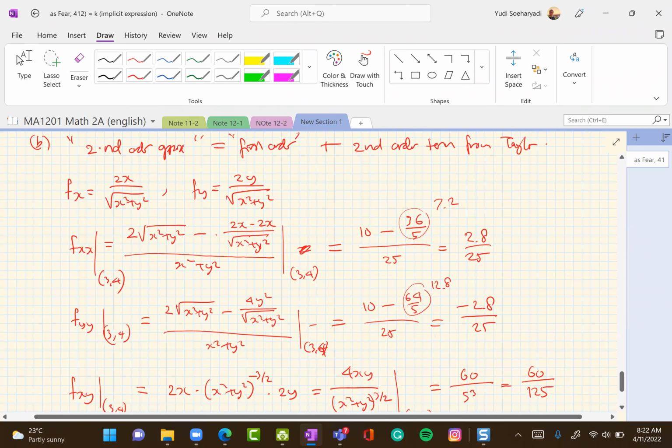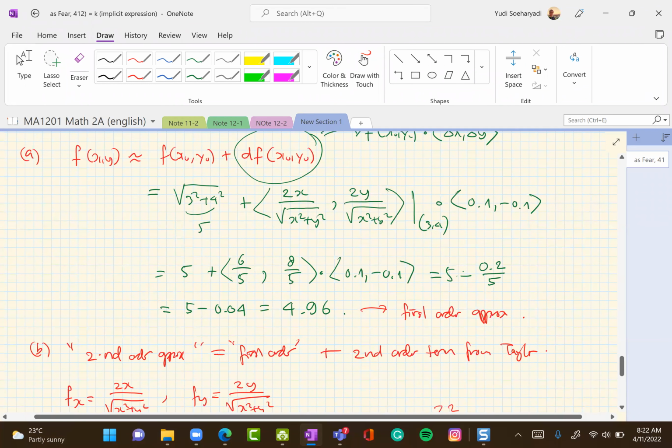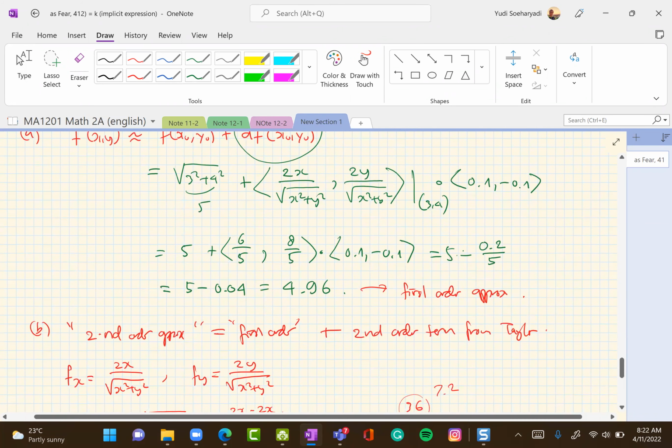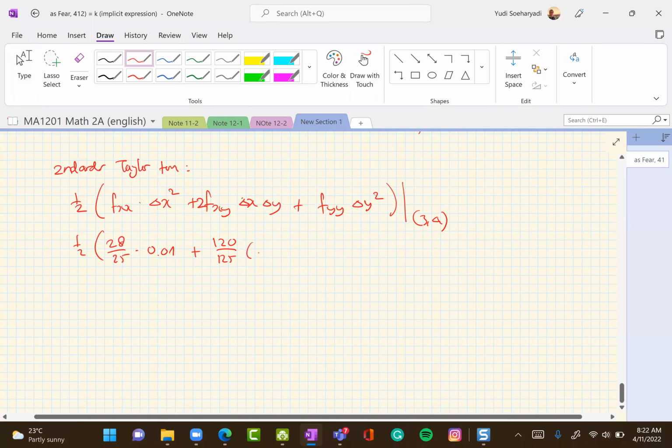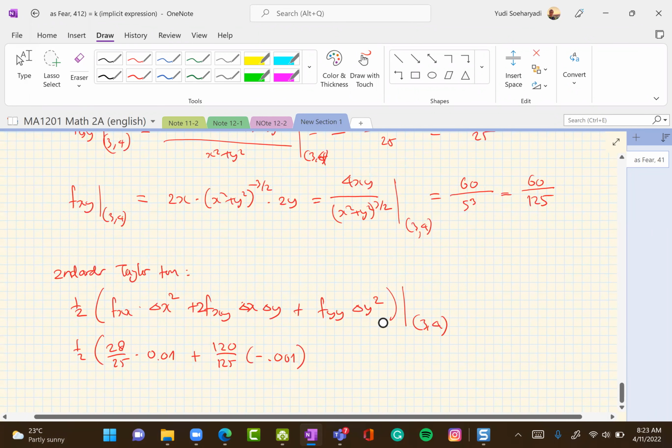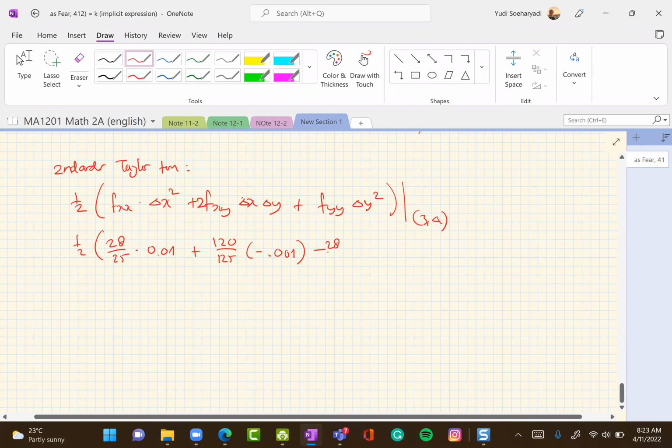What's delta x times delta y? Okay, so negative. Okay, plus again, this is the same, but instead of this, we have negative. Fyy is negative, delta y squared there. And that cancels.